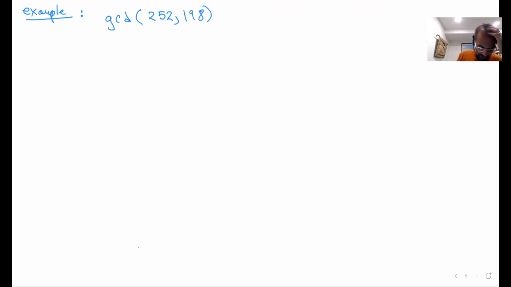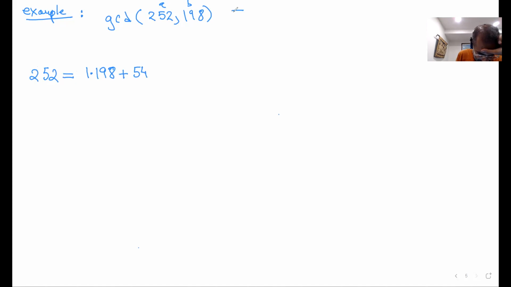Okay. Well, what the key observation is telling me, so in this case, this is my A and this is my B, is that if I divide A by B and get the remainder, then this is equal to the GCD of B and the remainder. So let's do the division. So 252 is equal to 1 times 198 plus 54.